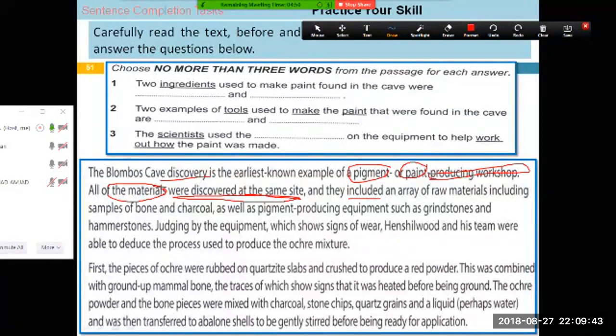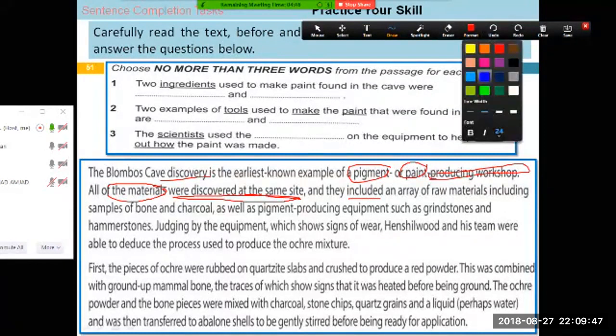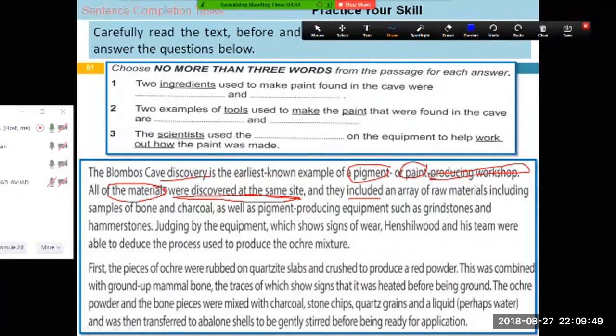Two things. Now I'm changing the color of my pencil here to tell you that all of the materials were discovered at the same time, at the same site. And just to explain what all of the materials included, it says that it included two things.